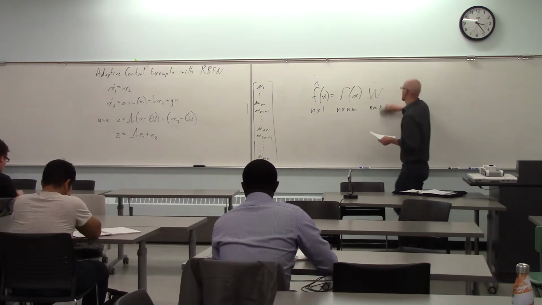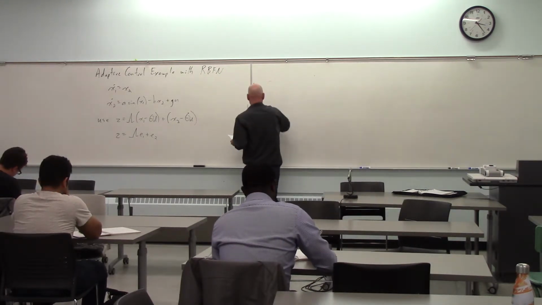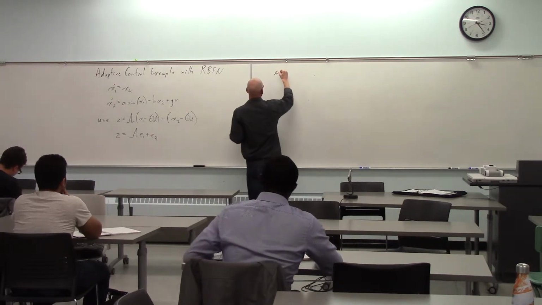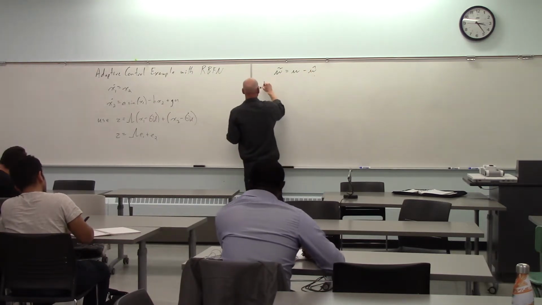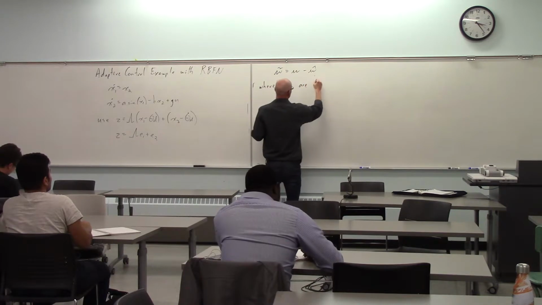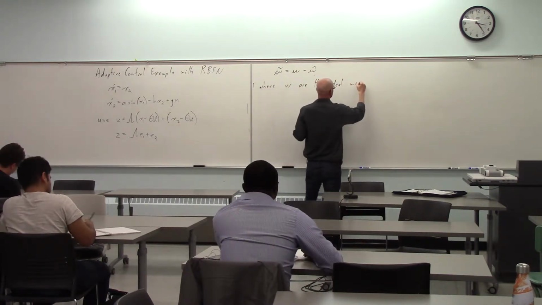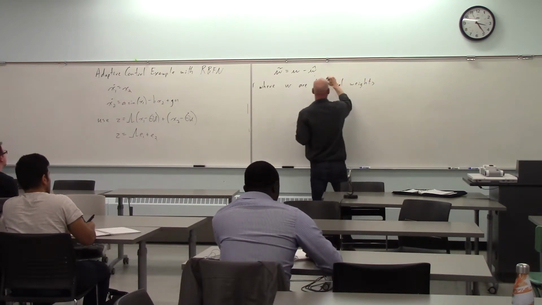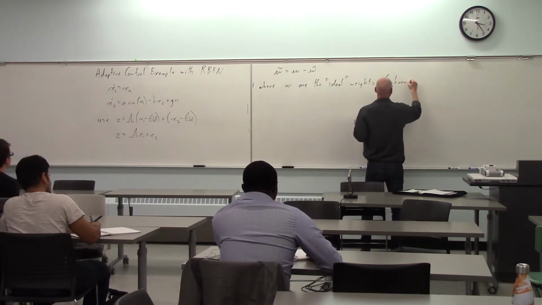About that. And then I have W tilde equals W minus W hat, where W are the ideal weights. So my ideal weights are really unknown and maybe even unknowable.